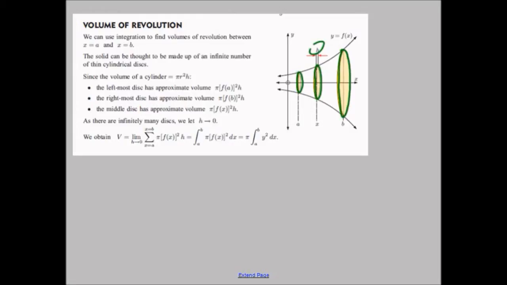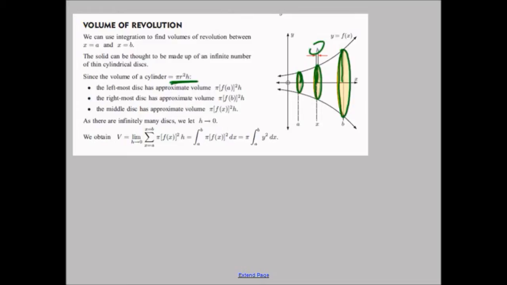Then we would have this formula for each of those sliced cylinders, pi r squared h, where h is the same for all of them, but the radius changes because it's changing as the curve changes.